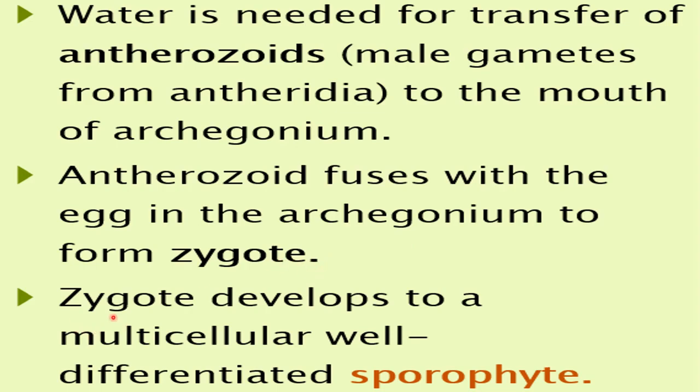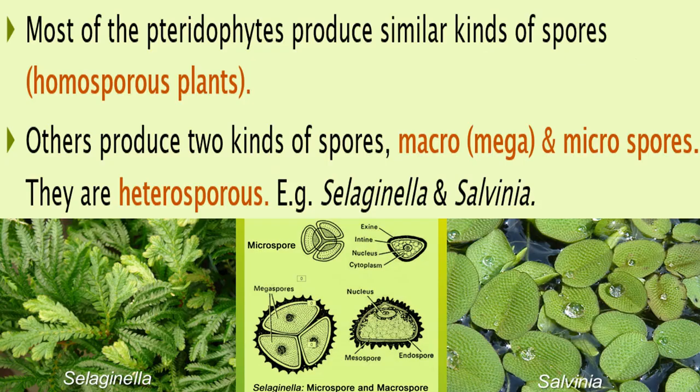Now this zygote develops to form a multicellular, well differentiated sporophyte. So this is how the sporophyte is formed here. The zygote which has been formed will develop and form a multicellular structure that is well differentiated, and that structure is called the sporophyte.